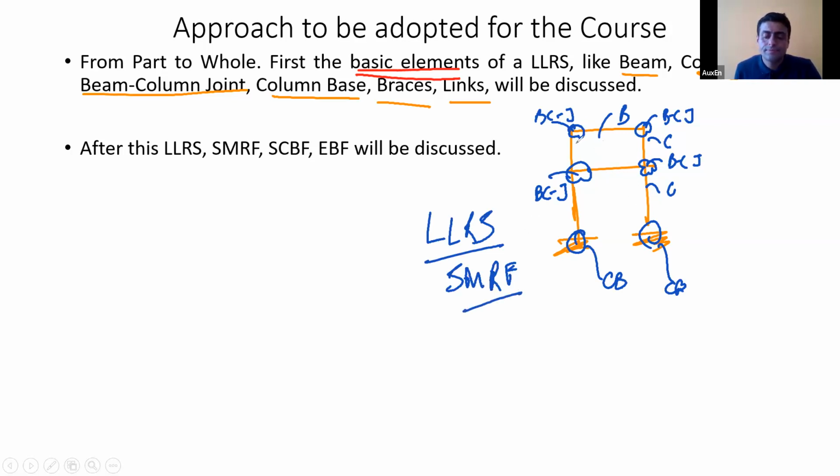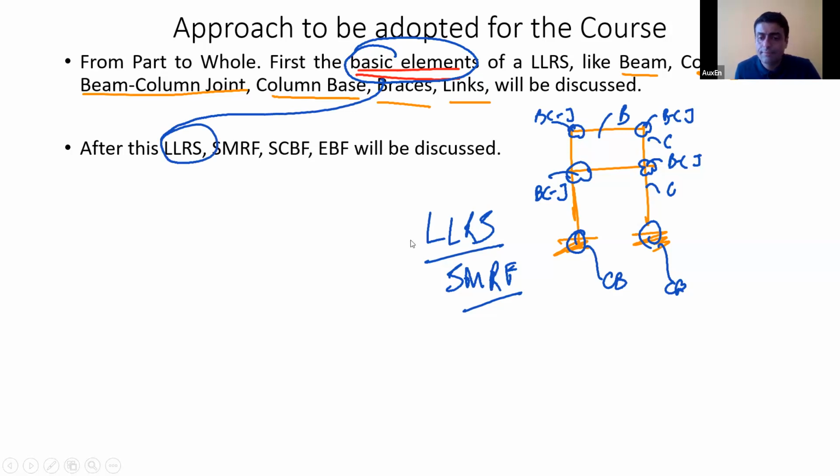First, we need to understand the basic elements, or what you can call the basic building blocks. Once you understand the provisions for these basic elements, then we can integrate them and understand the system as a whole. I hope this is making sense.